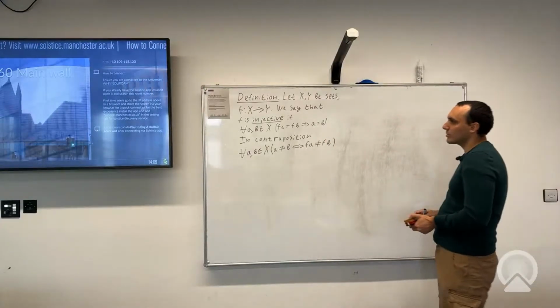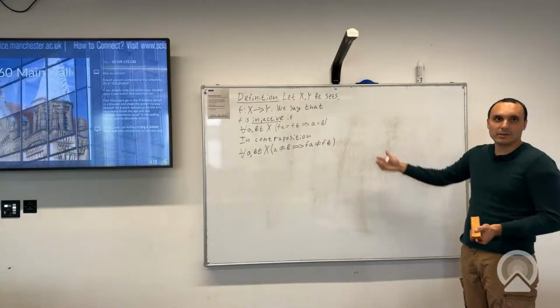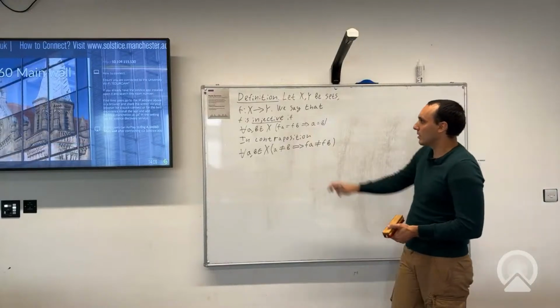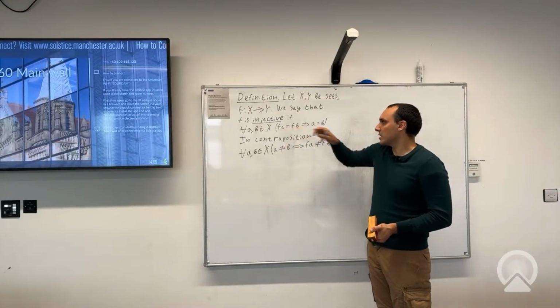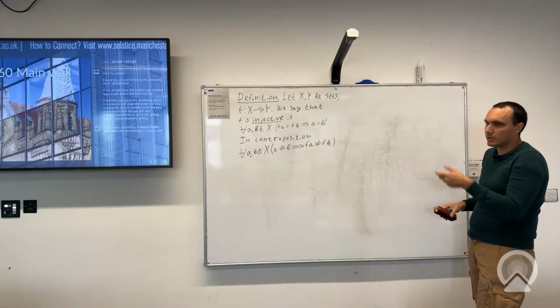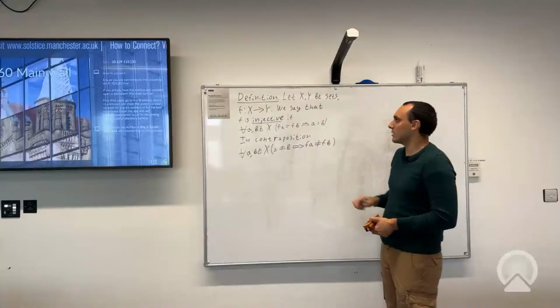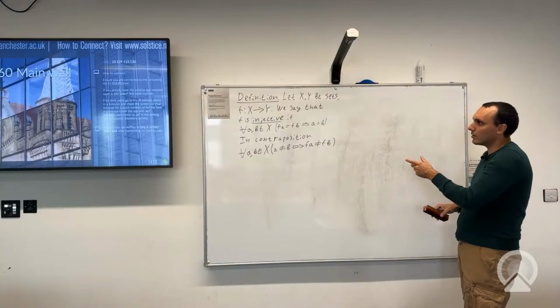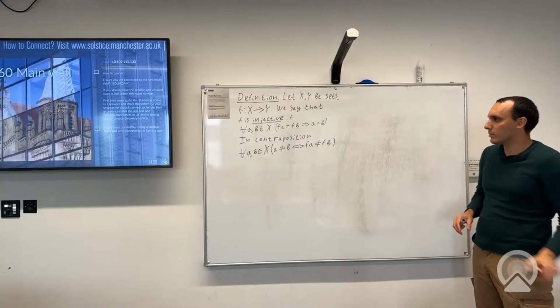Maybe it's more natural to say different inputs go to different outputs, but this is the positive way of saying it: if the values are equal, then the inputs are equal.